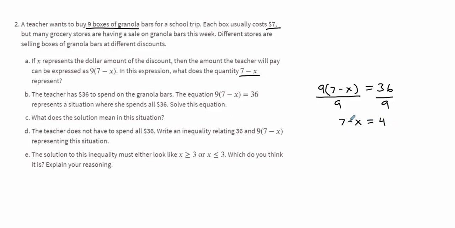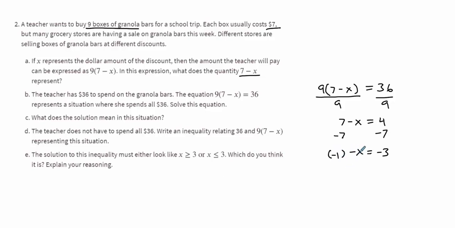And I know that 7 minus 3 is 4. But if I solve the rest of this out, I would subtract 7 and subtract 7. I get negative x is equal to negative 3. That's kind of weird. But properties of equality say what I do to one side, I can do to the other side. So I'm just going to multiply this side by negative 1.